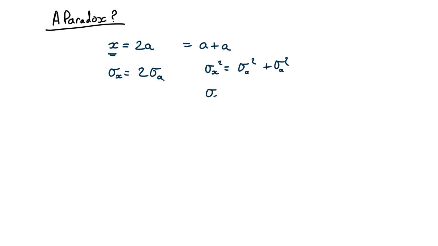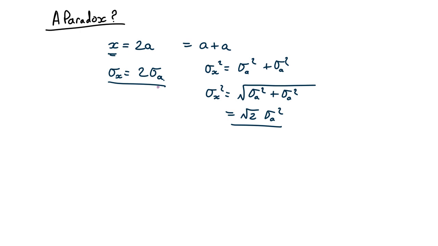So sigma x equals root of sigma a squared plus sigma a squared, which equals root 2 sigma a, which is less than that. So we've got two different, very plausible ways of doing the same thing, and they give different answers. So what's going on here?